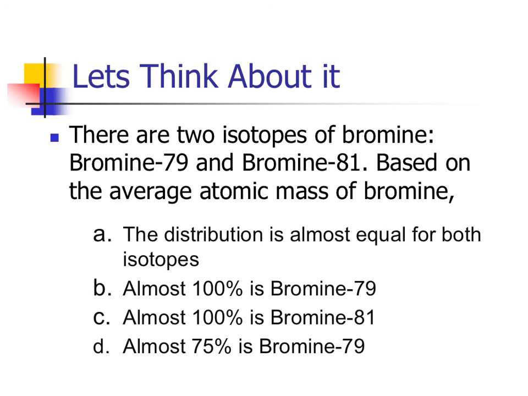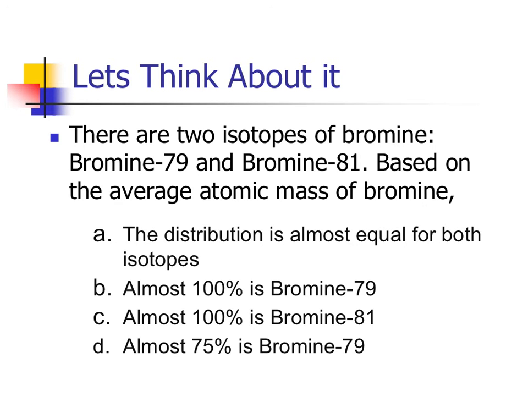So let's think about this one. There are 2 isotopes of bromine, bromine-79 and bromine-81. Based on the average atomic mass of bromine, which is, I believe, 79.9, so very close to 80, the distribution is one that we can't really calculate.